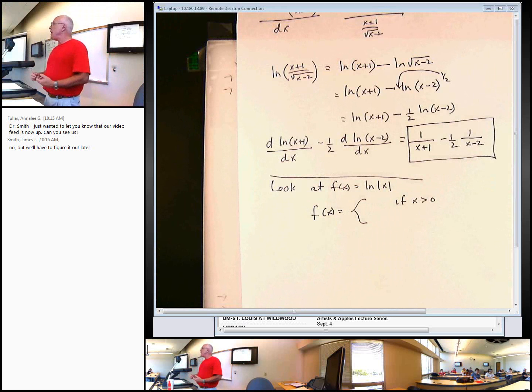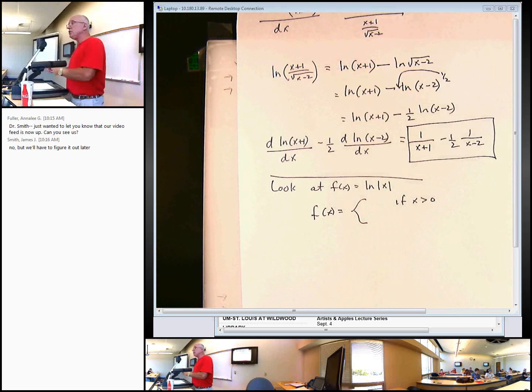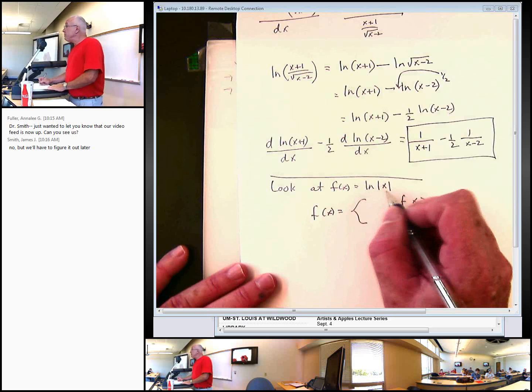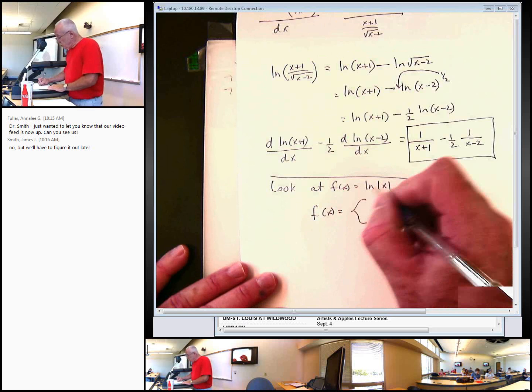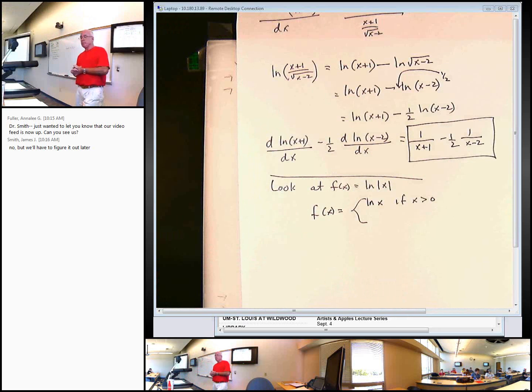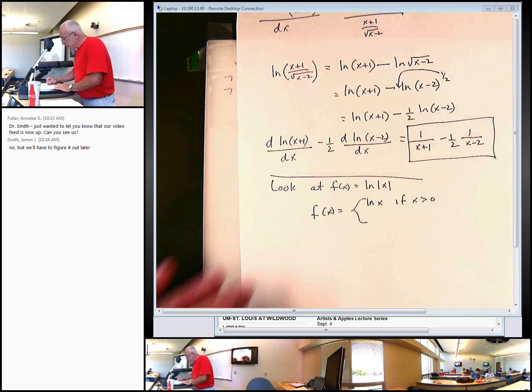What's the absolute value of 5 equal? 5, right. So if x is positive, the natural log of the absolute value is just equal to the ln of just the x. All right?